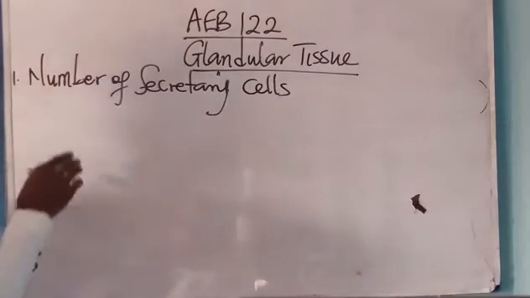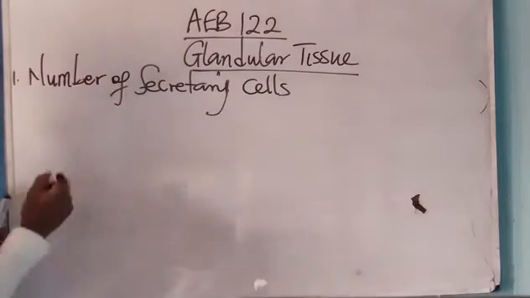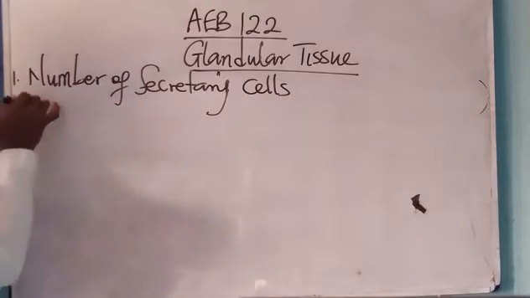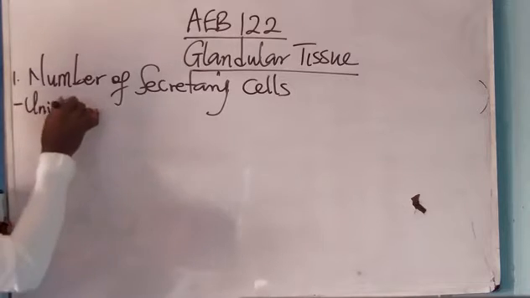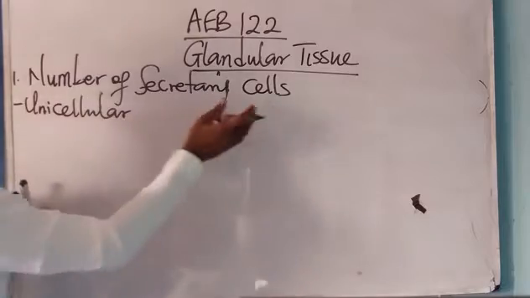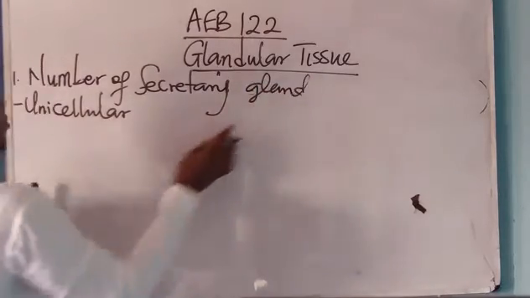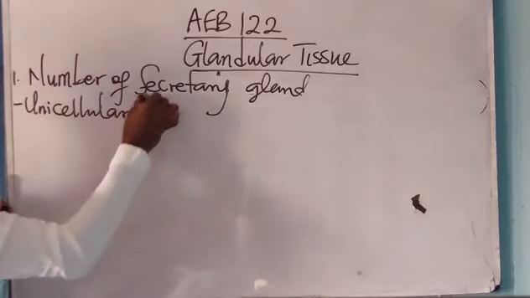Number of what? Secretory cells. Or rather, let's use glands. Number of secretory glands. Under this, we have unicellular glands.